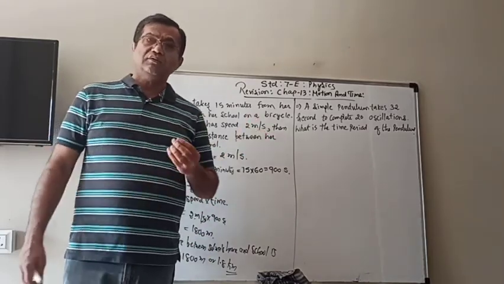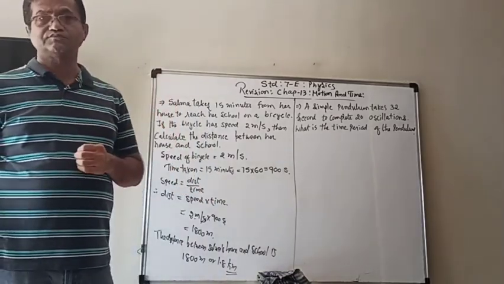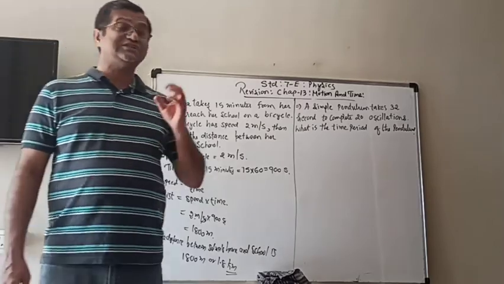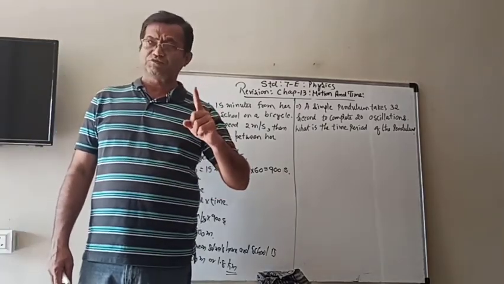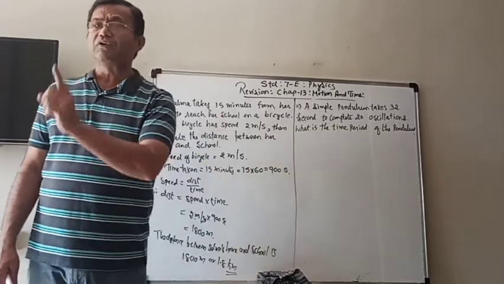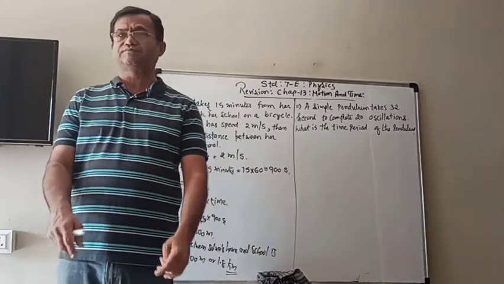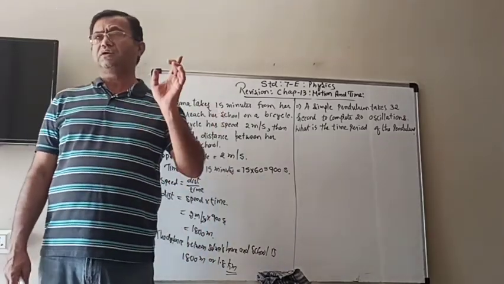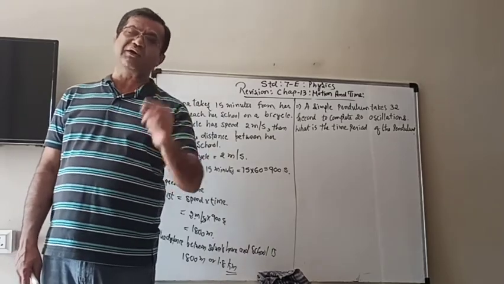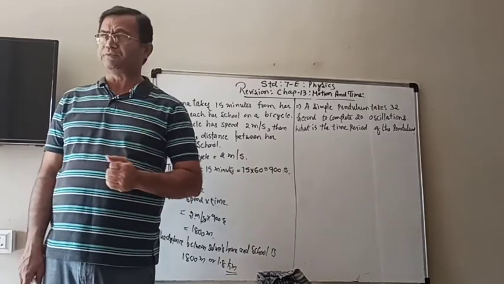Second, now we learn about the time period of a pendulum. We saw that the time taken by a pendulum to complete one full oscillation is known as its time period. So now we know that we cannot find a time period directly by one oscillation, because one oscillation will be finished very quickly.